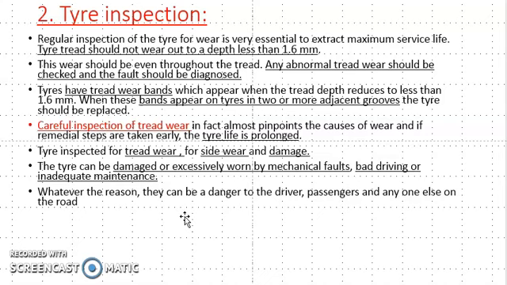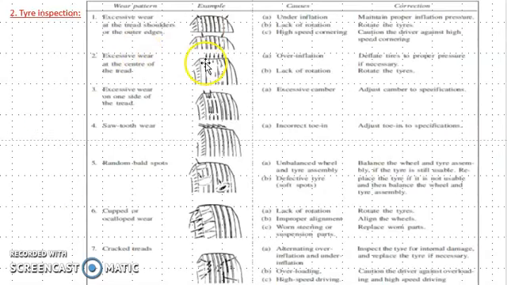For that purpose you should be very careful about tire inspection. Then we will see the common failures, what you have to observe and how to recommend corrections, so that you can minimize this failure or wear.